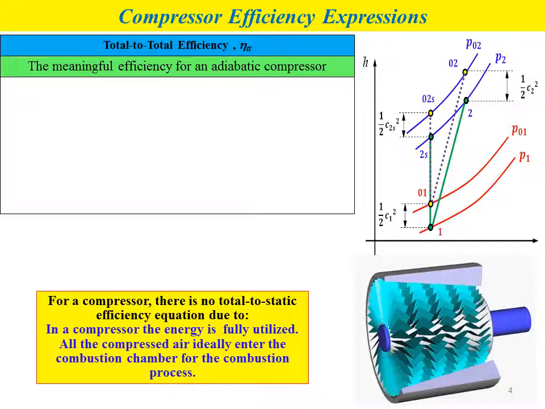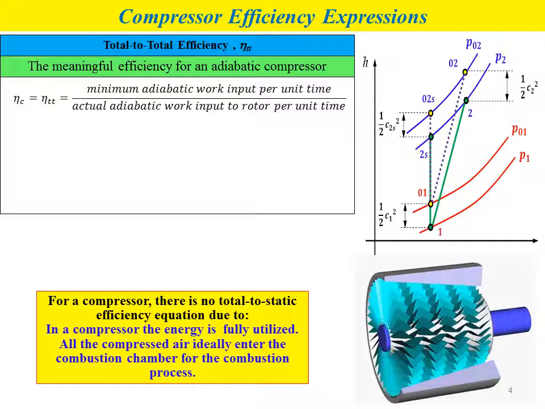The formula for total to total efficiency for the compressor: mu tt equals minimum adiabatic work input per unit time divided by actual adiabatic work input to rotor per unit time. So mu c or mu tt equals delta Wc minimum divided by delta Wc.